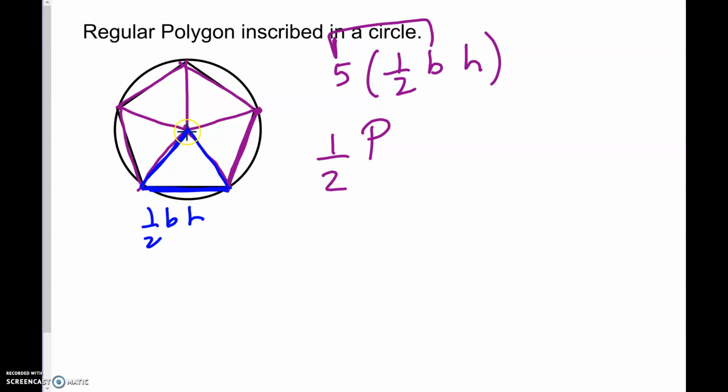I now need the height, which is the distance from the center to a side, perpendicular. Mathematicians have a special name for that piece. When it starts at the center and goes perpendicular to one side of your polygon, this is called the apothem. A-P-O-T-H-E-M.